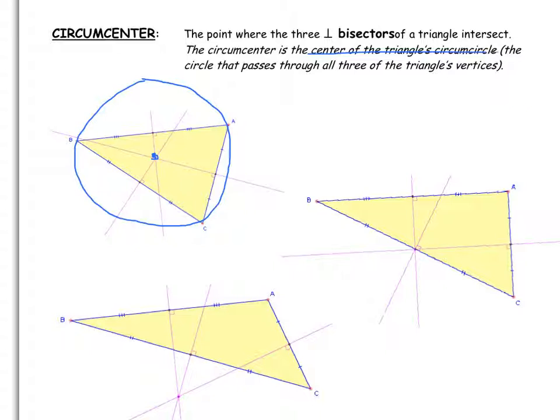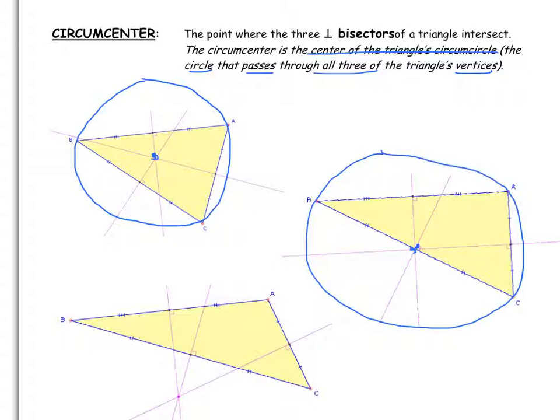It is the center of the triangle's circumcircle, which is the circle that passes through all three of the triangle's vertices. Notice that one is inside of the triangle. Look at this one. It is on one of the edges of the triangle. But again, it would still be the center of the circle.